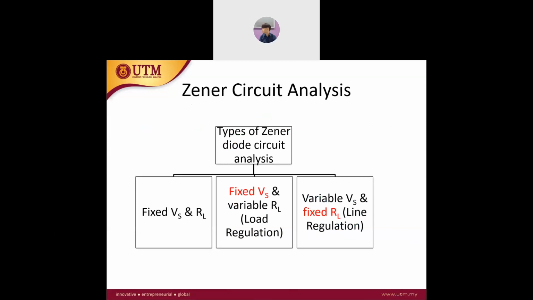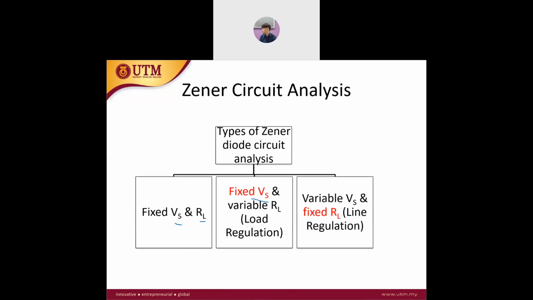Next we go to this ZENER circuit analysis. We're going to analyze in three conditions. First, we fix the source and also the load resistor, meaning no change for both parameters. The next condition is where we fix our source voltage and we vary the value of RL, meaning RL is not constant.